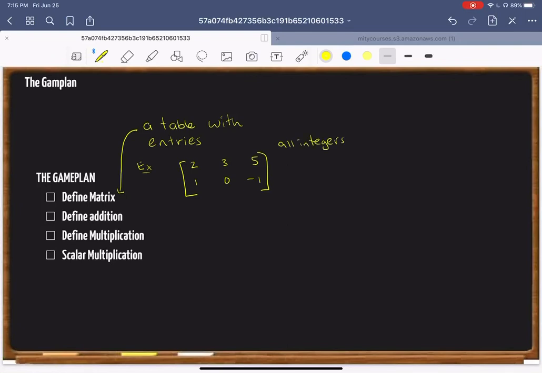If you remember from our last lecture, the symbol for integers would be this fancy Z. This also happens to have 2 rows, and it also happens to have 3 columns.